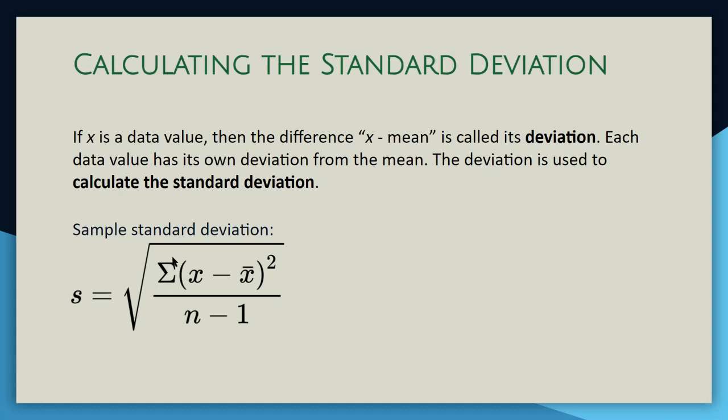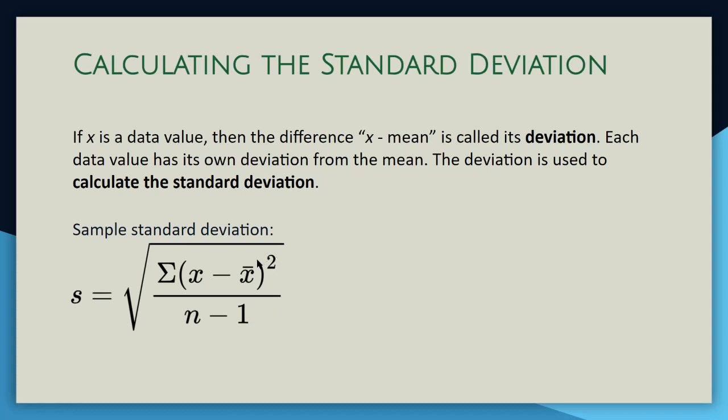And in math class, that means sum. It's telling you to add a bunch of stuff together. Specifically, in this case, we're adding the deviation squared for each of the data values in the data set. So for every number in the data set, you're going to subtract the mean from it, and then you're going to square it and add them all together to get the numerator.